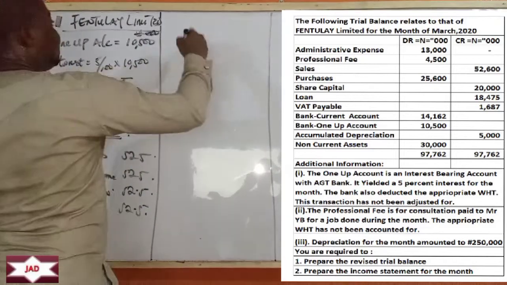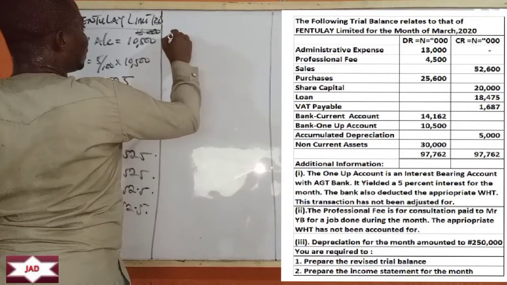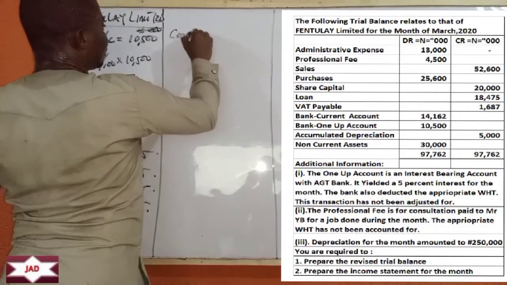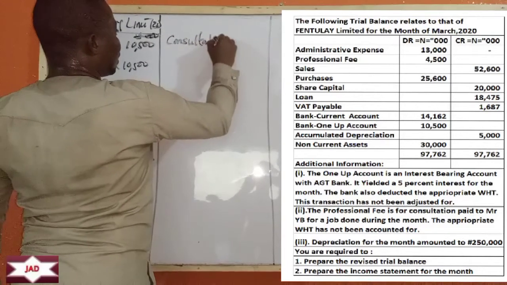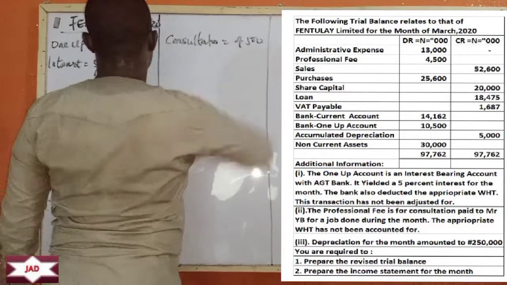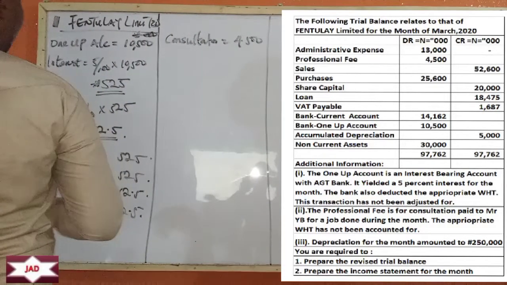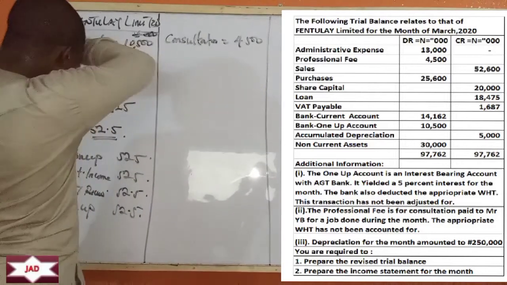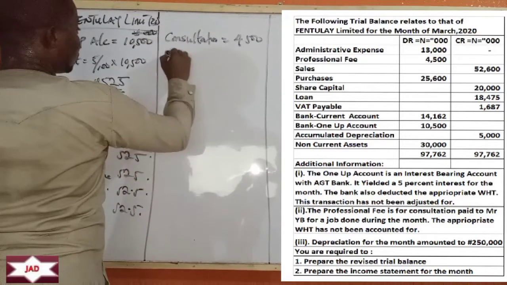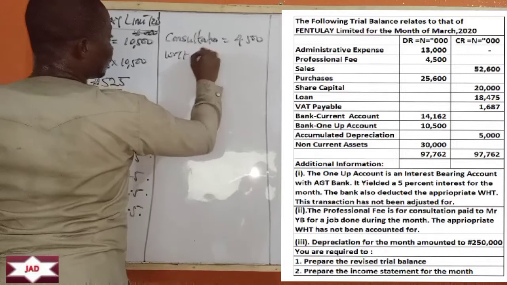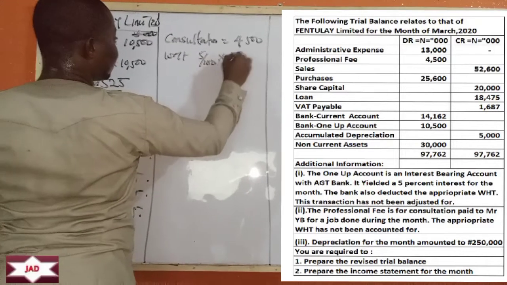So what happened there? Consultation. How much is that? 4,500. All right. So withholding tax there will be 5/100 times 4,500.